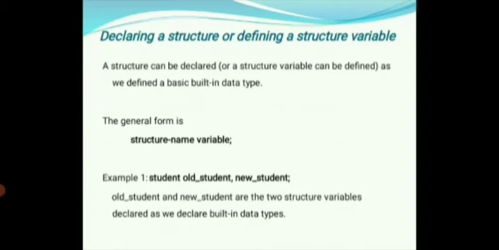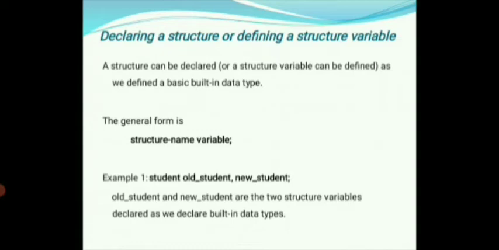So for example, student is a structure name. Old student and new student both are the structure variables which are defined by using the structure name student. Old student and new student are the two structure variables which are declared by using the structure name student.